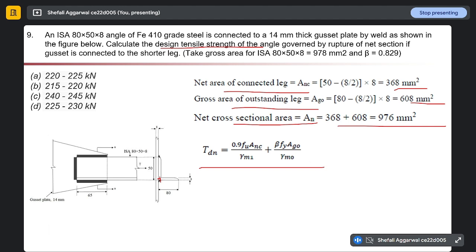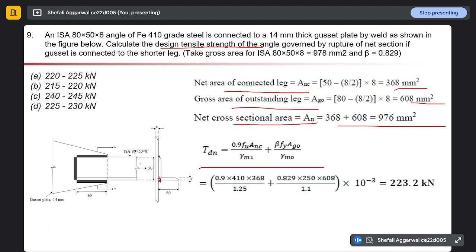It is given as 0.9 Fu Anc divided by gamma m1, plus beta Fy Ago divided by gamma m0. We have already seen this formula in our theory part, where we discussed what the design strength would be if it is a weld connection. So this is the formula we are using.